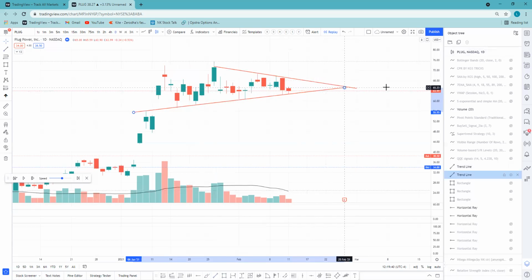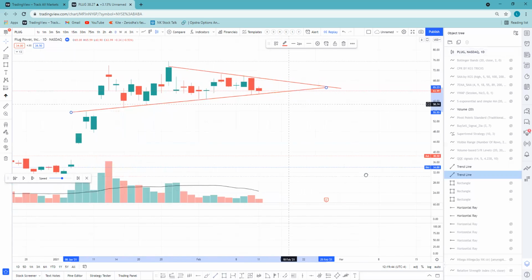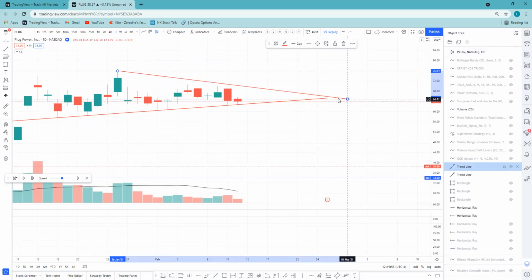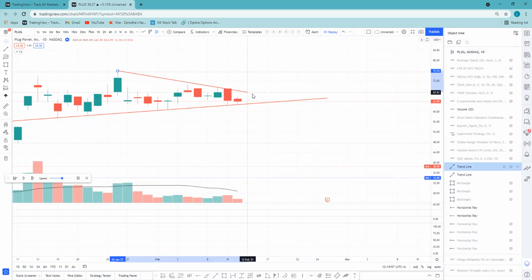If I do this way, does it make sense that I'm taking here? Now the question comes, why did I take the body here and take the wick here? Why didn't I do this way? You can do this way if you want to.